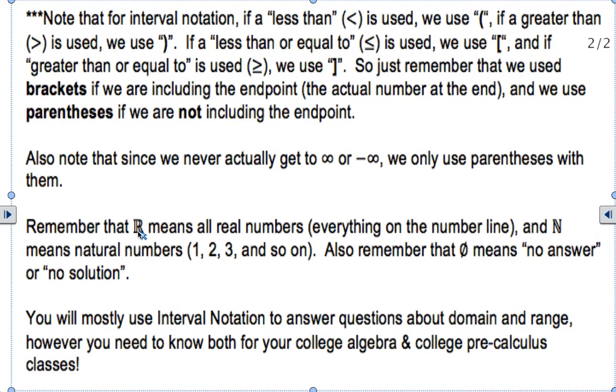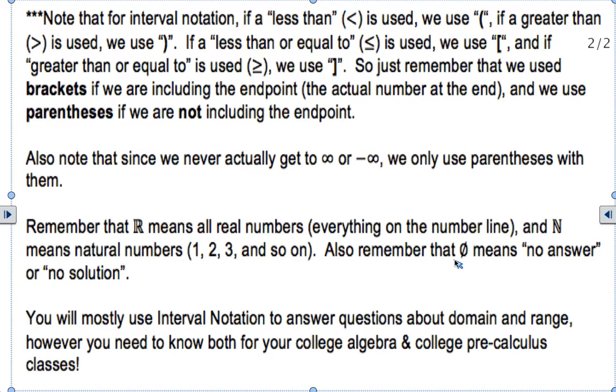This symbol here, R, means all real numbers, everything on the number line. And N means all natural numbers. So the difference between real numbers and natural numbers: natural numbers are your counting numbers, 1, 2, 3, 4. With real numbers, you can have halves, decimals, negatives and positives.